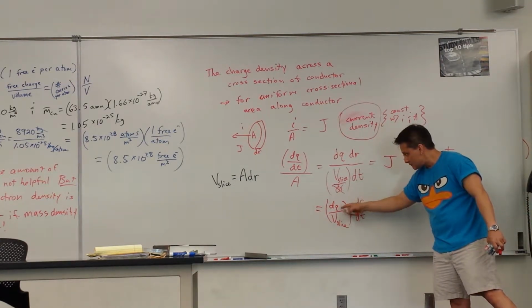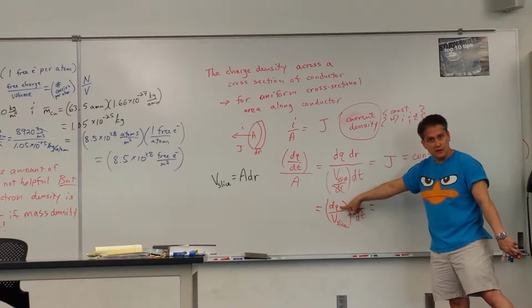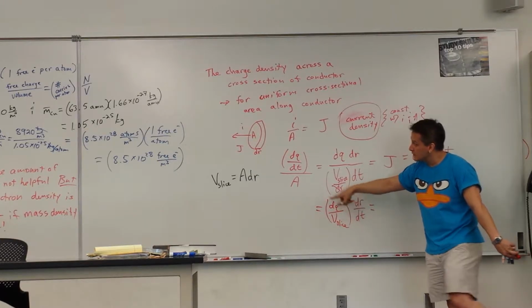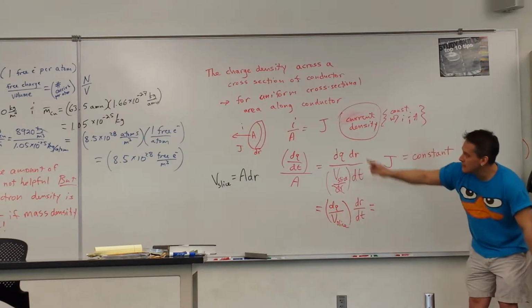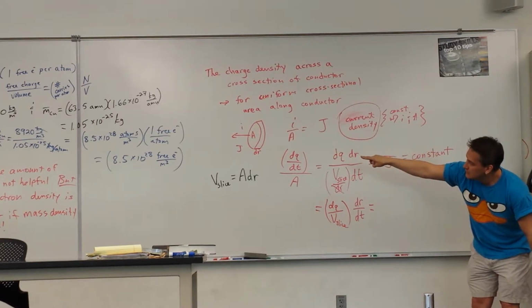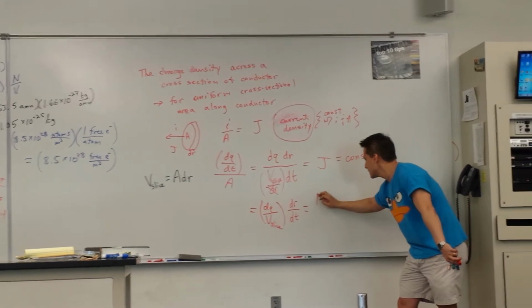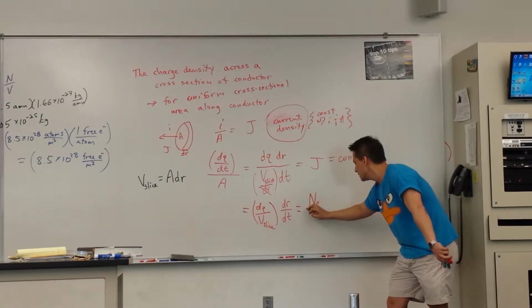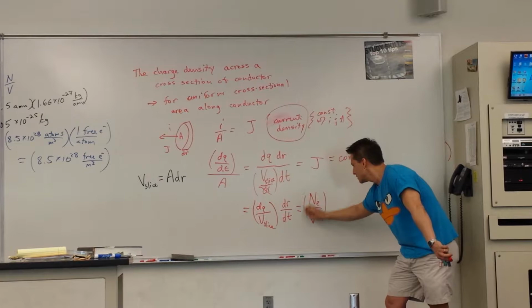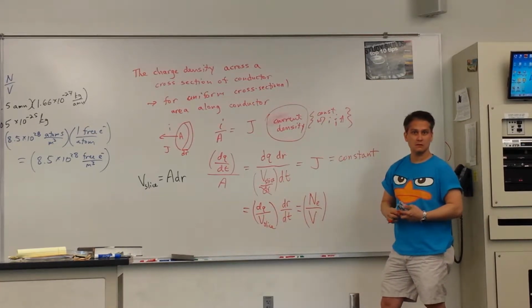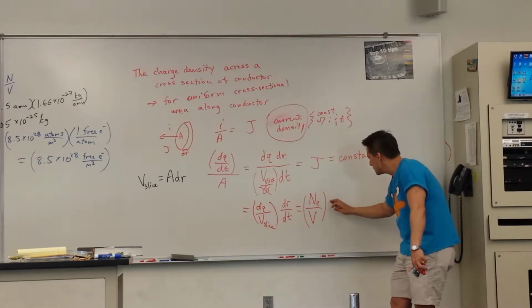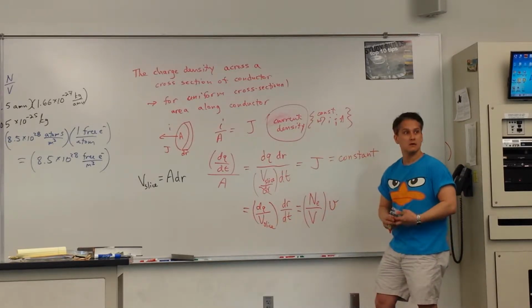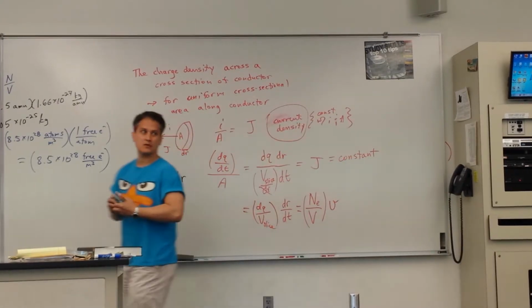Well, dq over v, for a constant charge movement over this region, we can rewrite this as n charge carriers, if you will, per unit volume, times v. This is where it comes from.